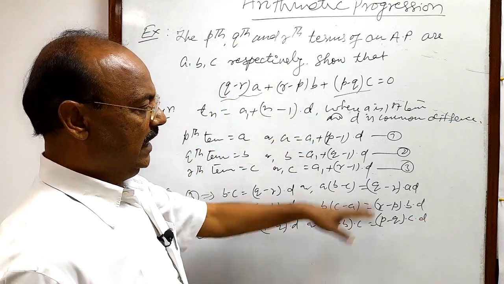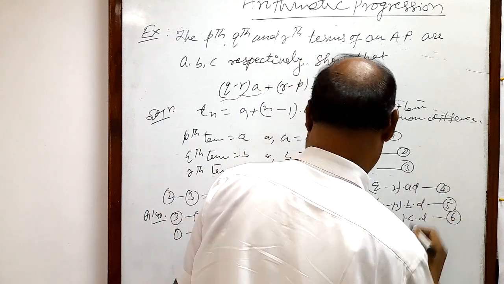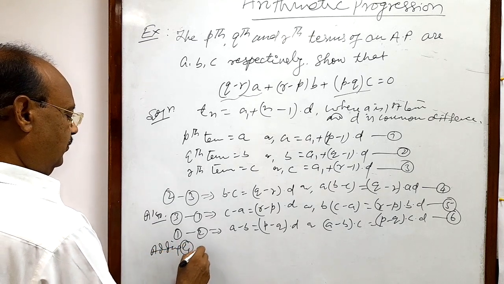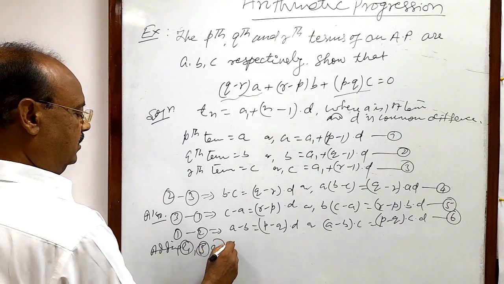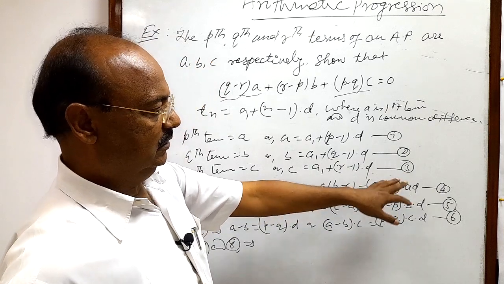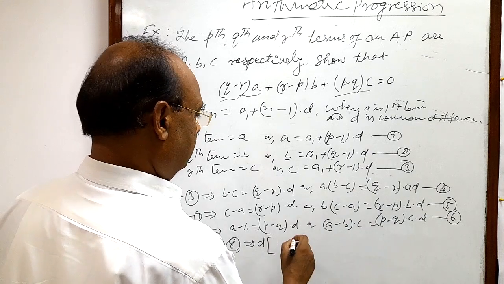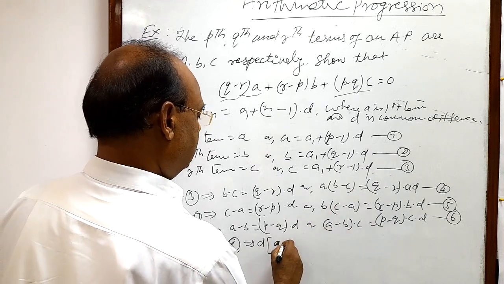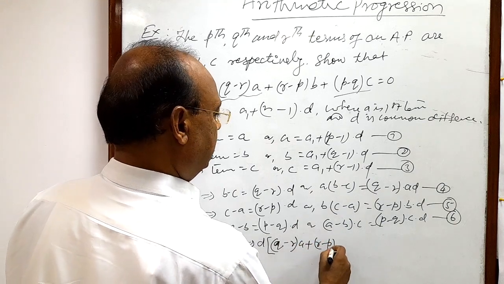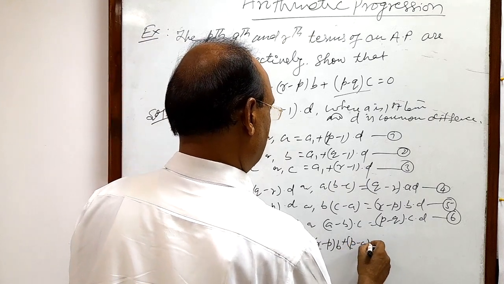Correct? Now we will add relations number 4, 5 and 6. What are we getting? If we first write the right hand side, then d will be common and we will get q minus r into a plus r minus p into b plus p minus q into c.